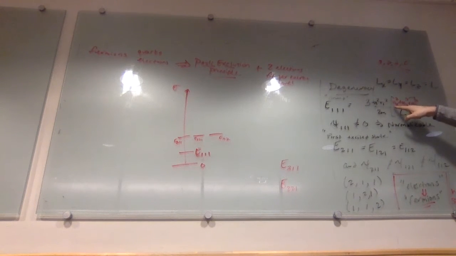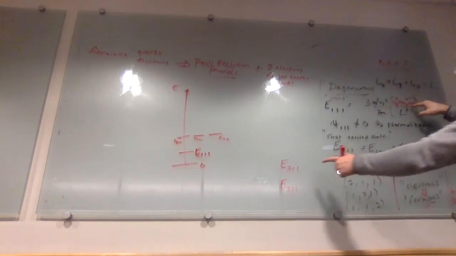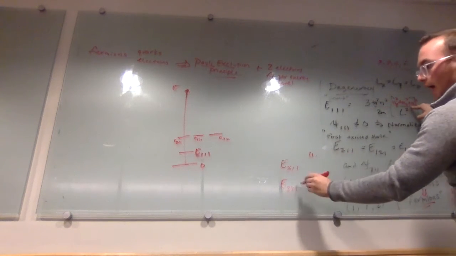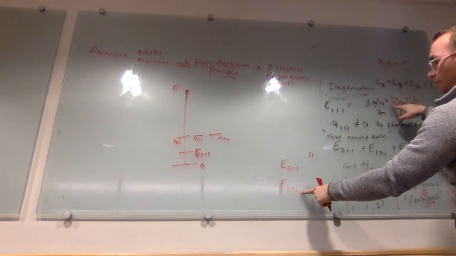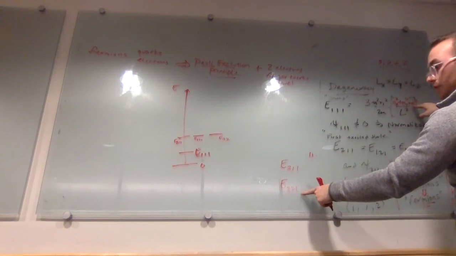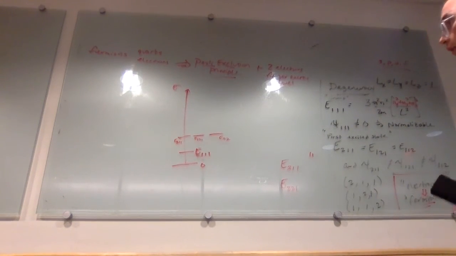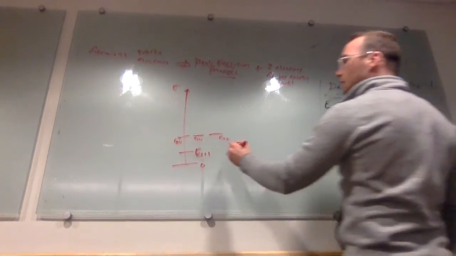I actually have to compute them, and so 311 is going to have 9, 10, 11 up here. So it's going to be 11 times 3 h bar, and so on. And this is going to be 4 plus 4 is 8, plus this is 9. So this is actually going to be a little lower.